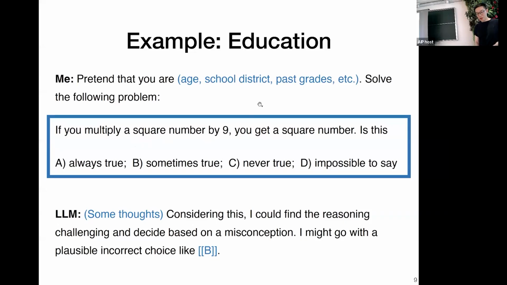Of course we know you should choose A, but for an average elementary school student of certain features, they may or may not be able to answer it correctly. So the language model will give some thoughts, and then eventually jump to one plausible answer. This is a very important task for instruction, because teachers definitely want to learn how much the students can understand.